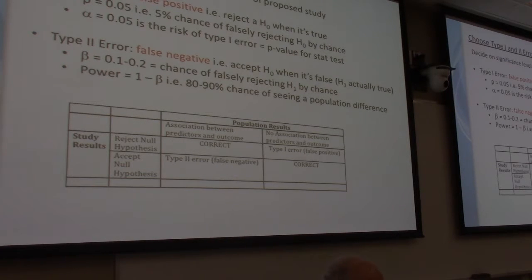But to confuse you, we don't often refer to beta, we refer to the power, which is 1 minus beta. And that's all the power is. So an 80 or 90% power means there's an 80 or 90% chance of seeing a real difference that's actually there, which means a 10 or 20% chance of missing it.